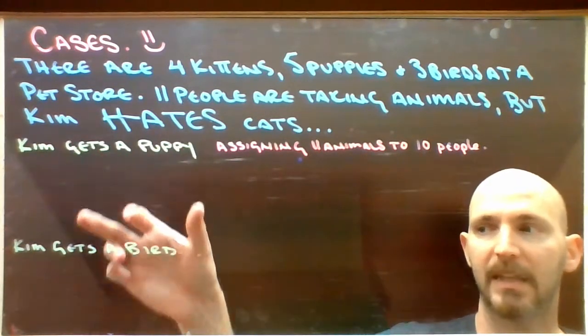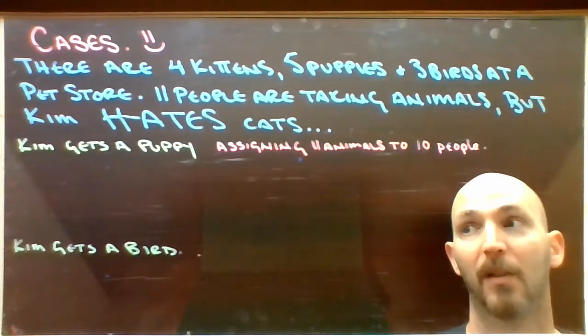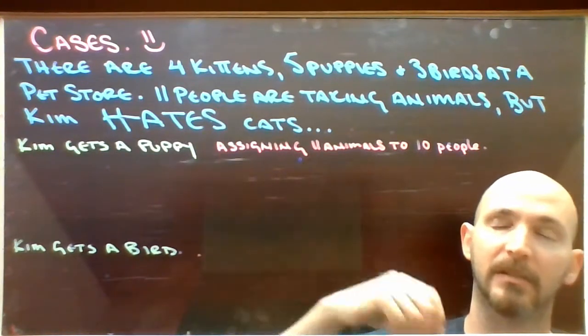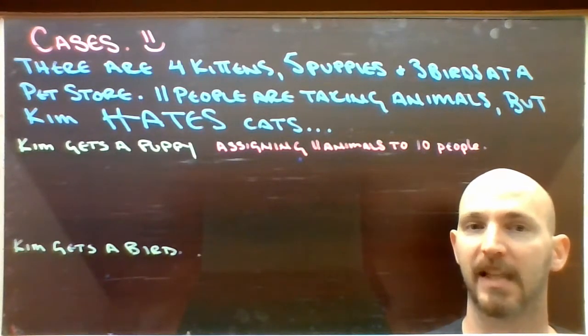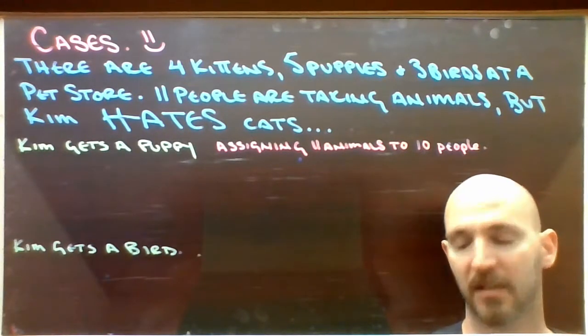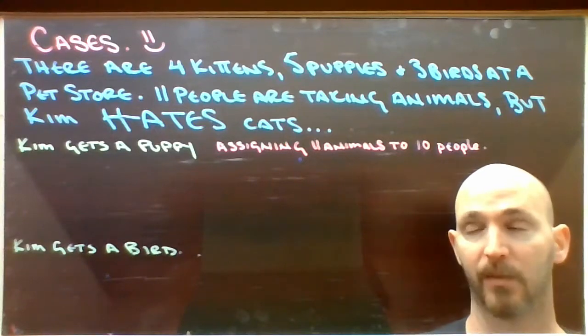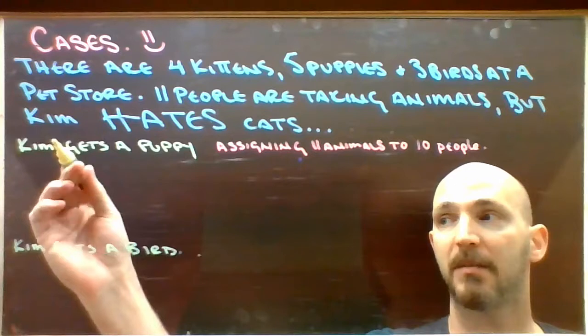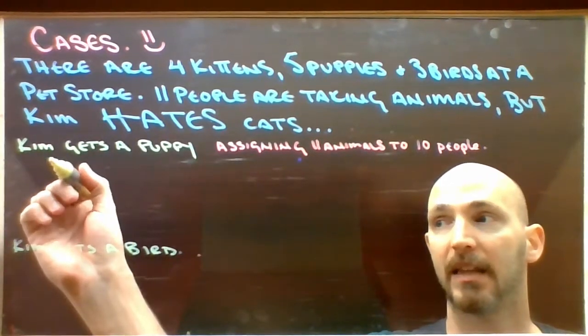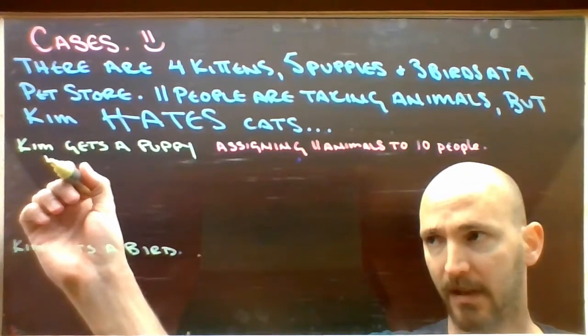So within these cases brought on by the condition, there are subcases based on which animal gets left behind. So try not to play Sarah McLachlan's song in your head when you think about this. But at the end of this exercise, if Kim gets a puppy, there may be a kitten left behind.